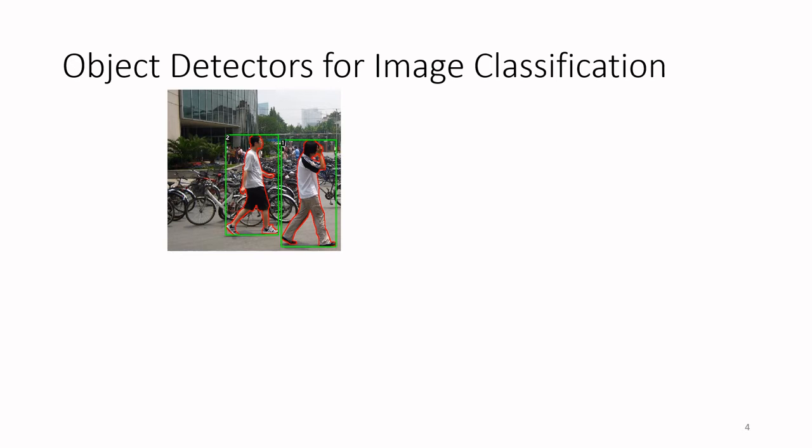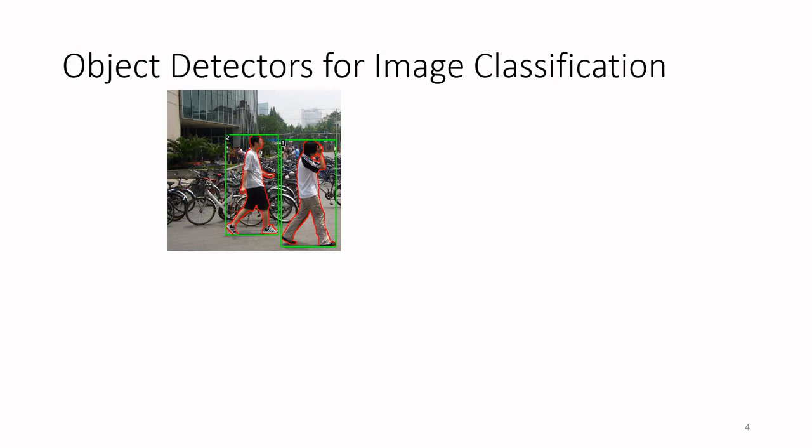There was another approach that people followed for object recognition, and that was creating specialized detectors that were capable of detecting the presence of specific types of objects in images.